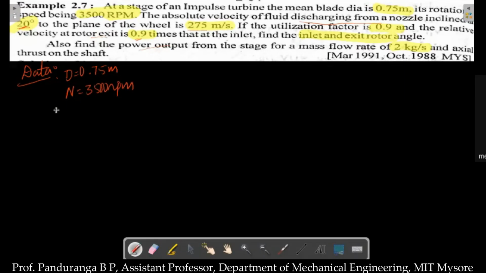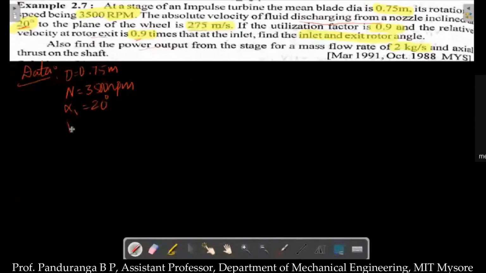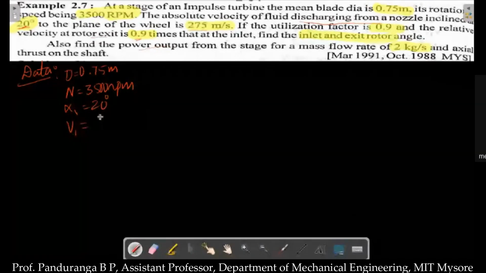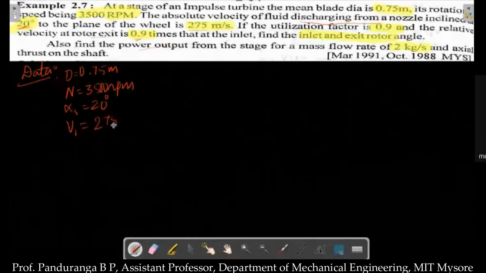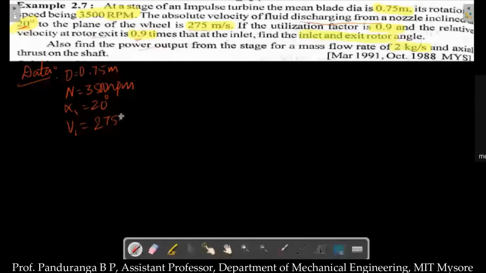The nozzle is inclined at an angle of 20 degree, that is alpha 1, and the absolute velocity of the fluid at inlet is 275 meter per second, and the utilization factor epsilon is 0.9. Then the relative velocity at the rotor exit, that is VR2, is 0.9 times VR1.